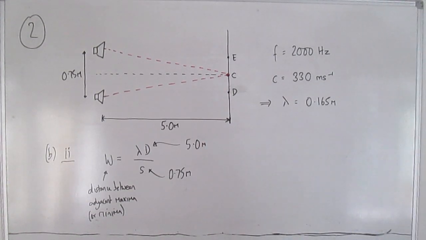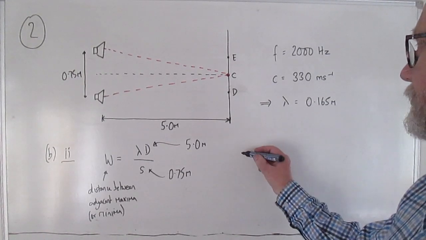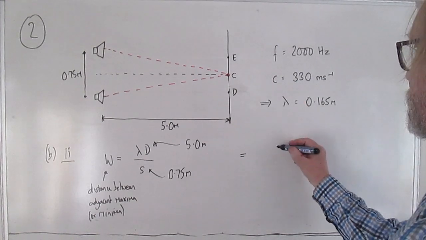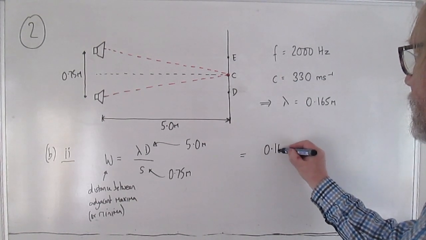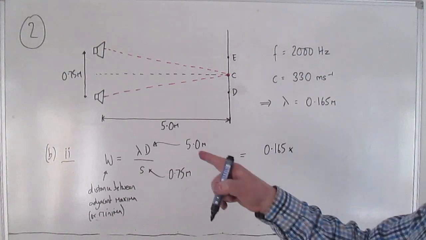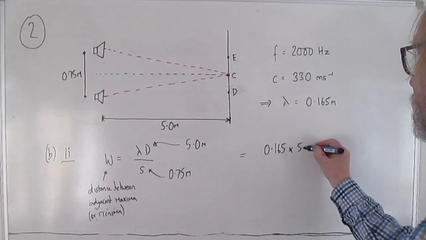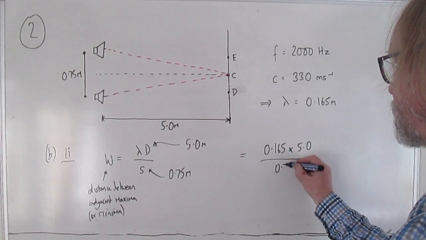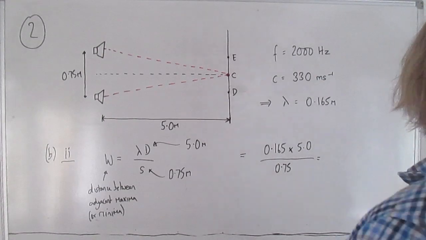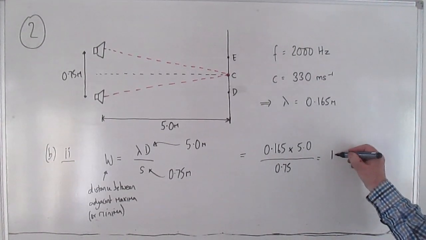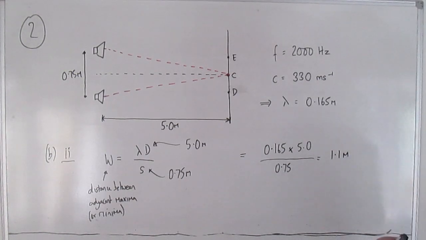what that expression means. Once you've got that, it's quite easy, because we get that W will be equal to lambda, which is 0.165, times D, which is 5.0, divided by the spacing of the sources, which is 0.75, and if you calculate that, it comes to 1.1 meters.